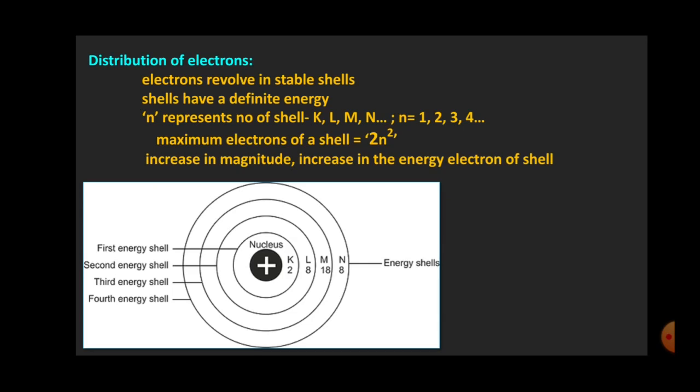The nearest shell to the nucleus, that is K, has the lowest energy. As we go away from the nucleus, that is, as the value of n increases, the energy of an electron in that shell also increases.